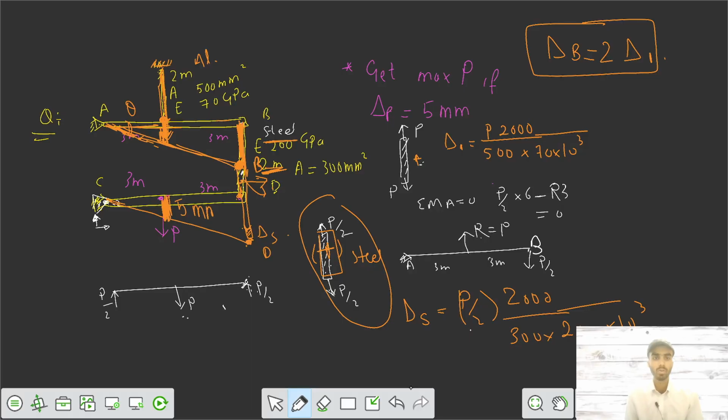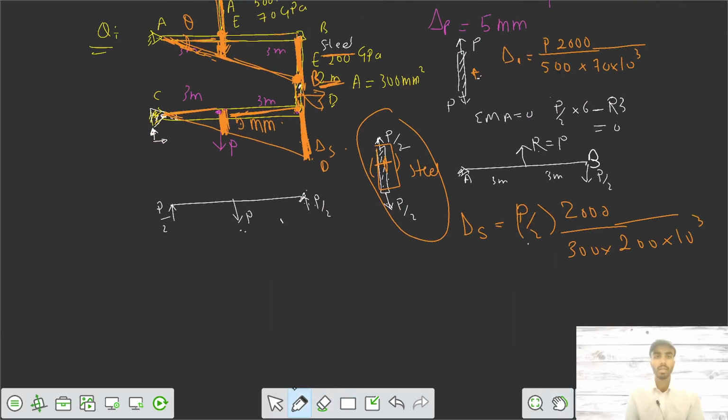Delta at P has to be limited to 5 mm. If it is 5 mm for 3 meter, then delta at D has to be equal to 10 mm. So this is your condition, that delta at D equals 10 mm. That's 2 times delta P, that's 2 into 5, 10 mm.